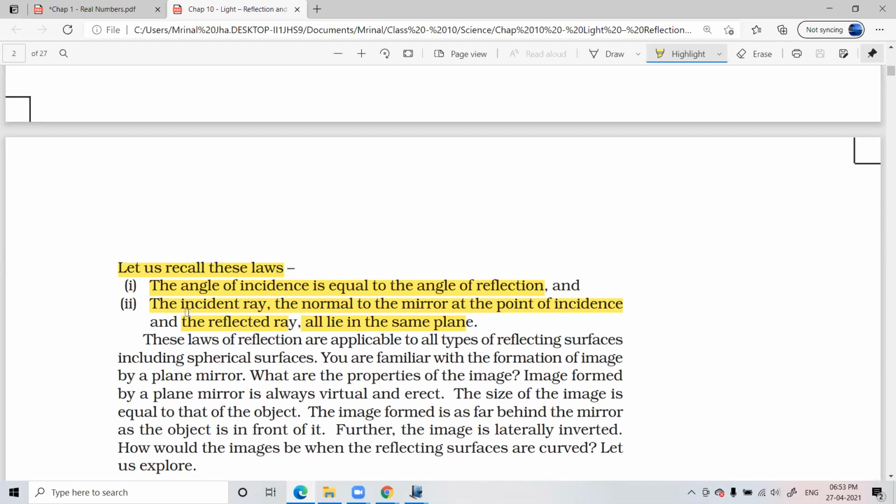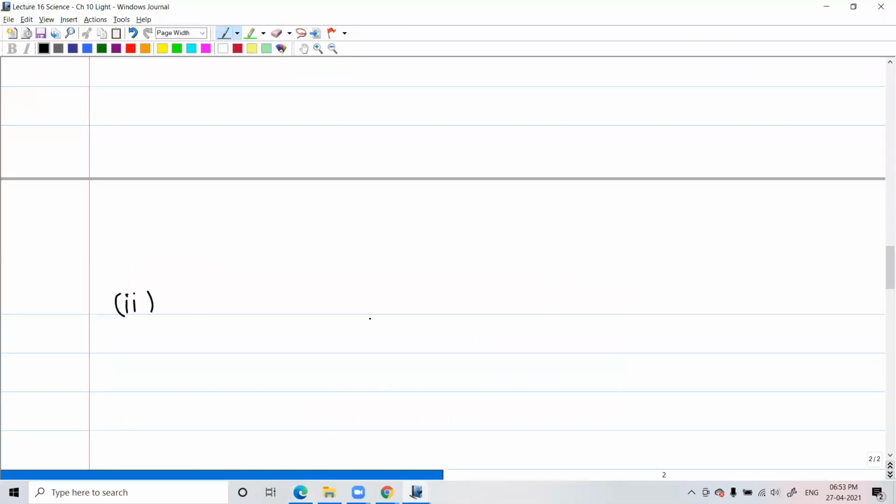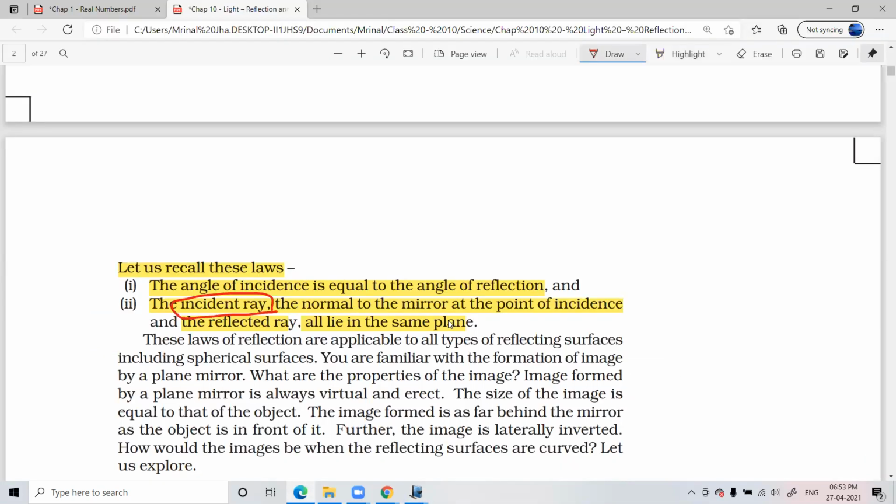There are three things over here in this second law. What is that? First one is the incident ray. Everybody knows what they're talking about. Incident ray means the one which is coming to the surface. Then the normal to the mirror at the point of incidence. So many words, but what are they talking about?